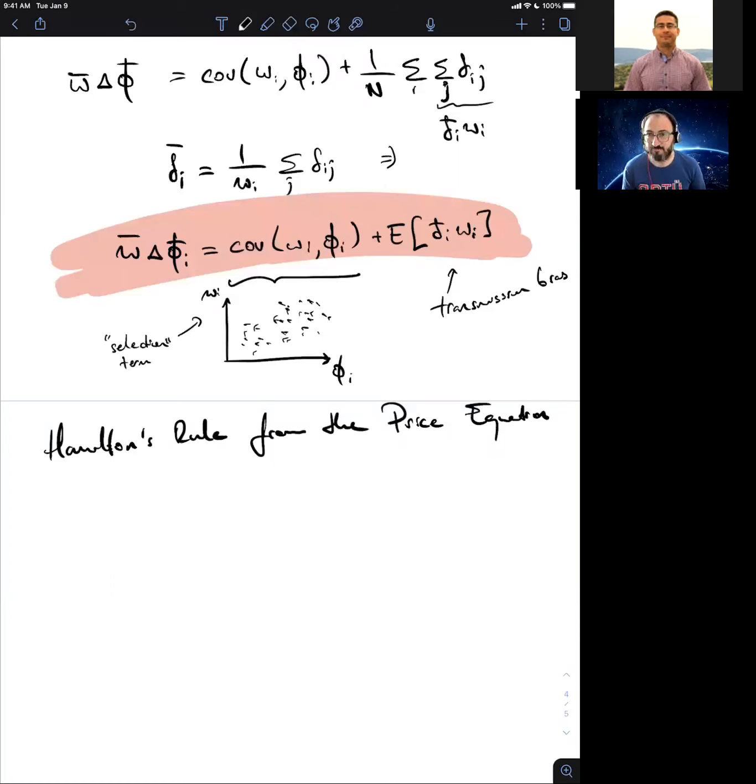Okay, well, let's talk about it after I derive Hamilton's rule, maybe, because I think you might be getting ahead of ourselves. So the question is whether the transmission bias term can increase with further generations. Well, let's get back to that.